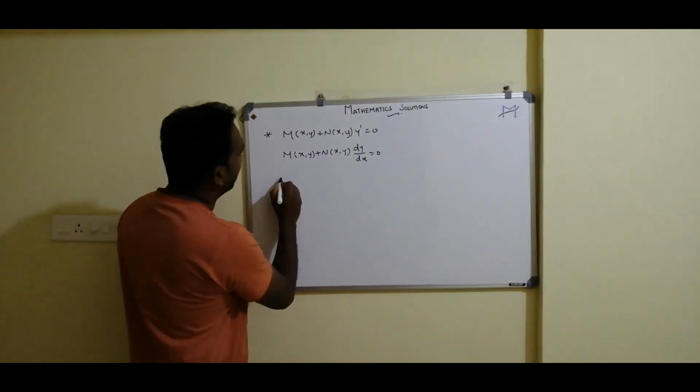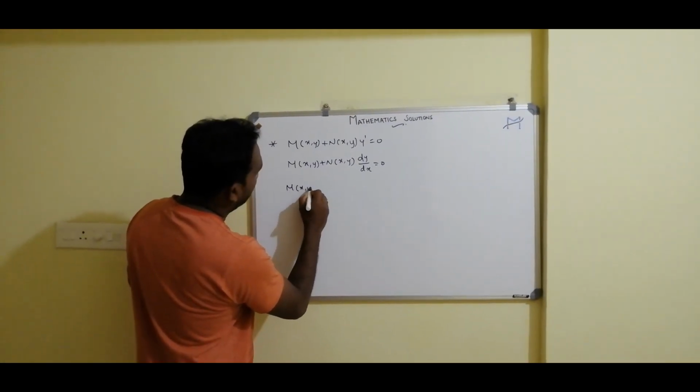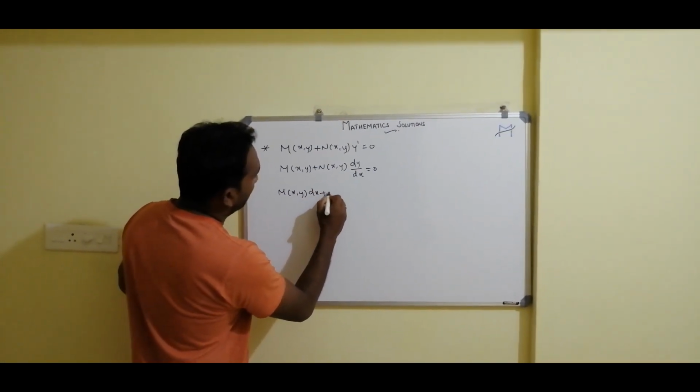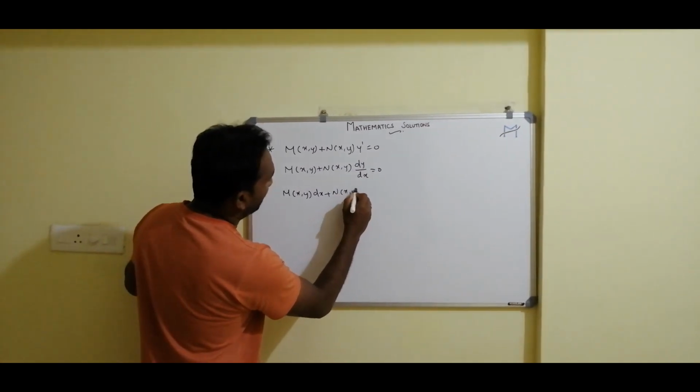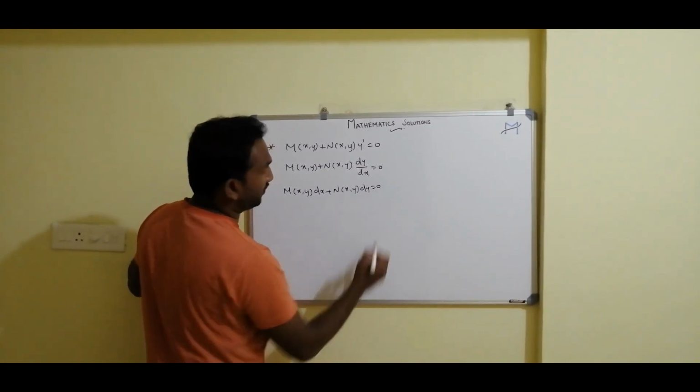So this equation will become M(x, y) dx + N(x, y) dy = 0.